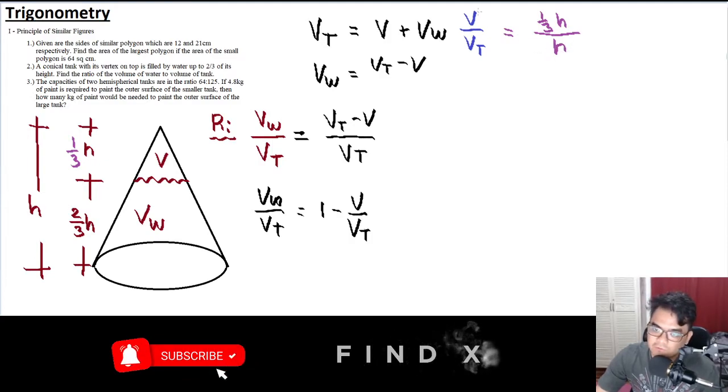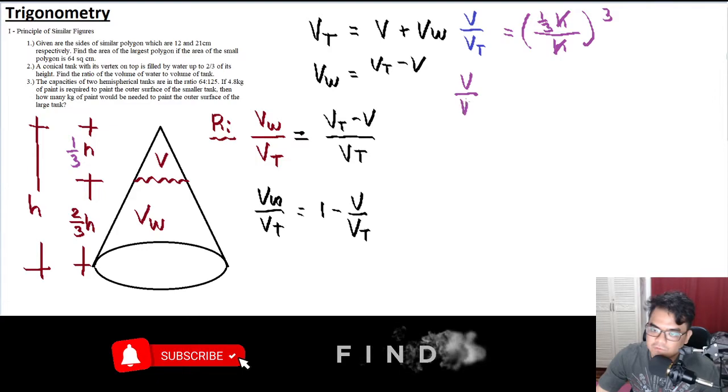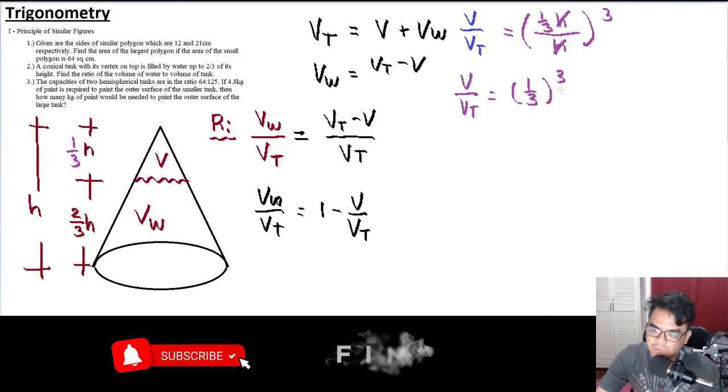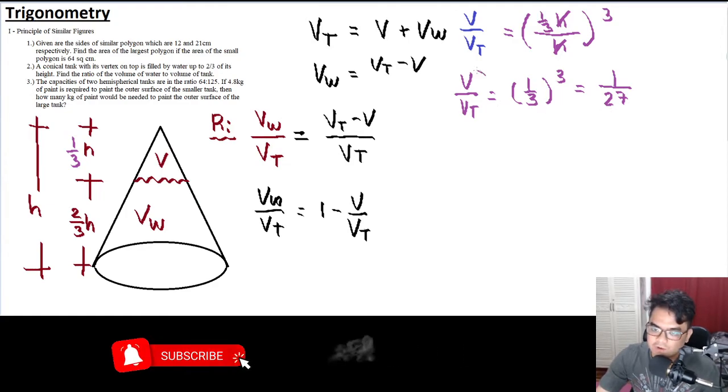Since volume is in cube, this should be cubed also. As you can see, this h will be cancelled out. So we will have V over VT equal to 1/3 cubed, which is equal to 1 over 27. So we already have the value for this one.